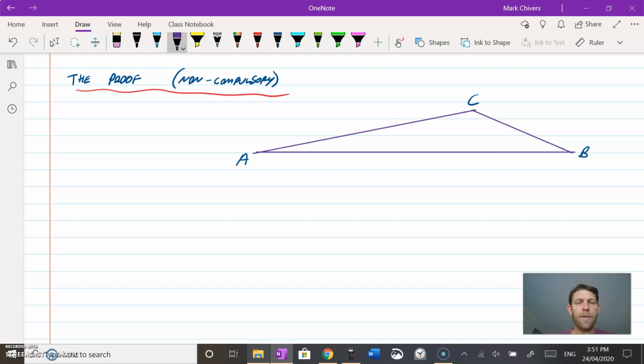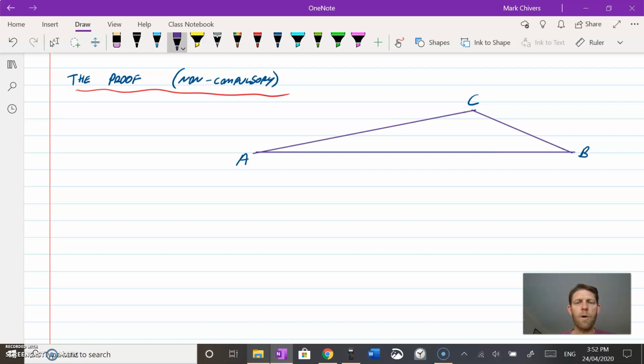Now, it's quite standard when we create a triangle to pick some letters to give the triangle a name. So this is triangle ABC, and we always use big letters. Angles are represented by capital letters, and lengths are represented by smaller letters.